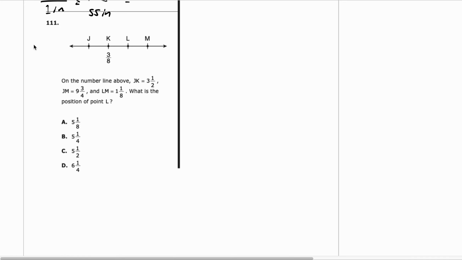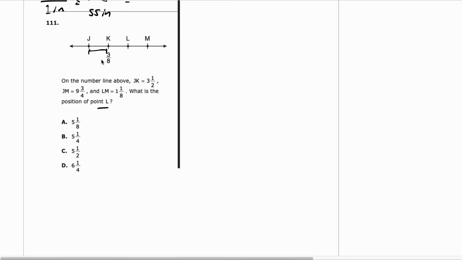So now on 111, on the number line above, JK is 3 1/2, so we're talking about the length of that segment. JM is 9 3/4, and LM is 1 1/8. What is the position of point L?